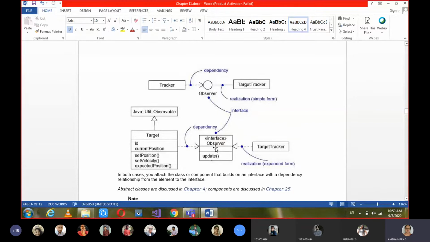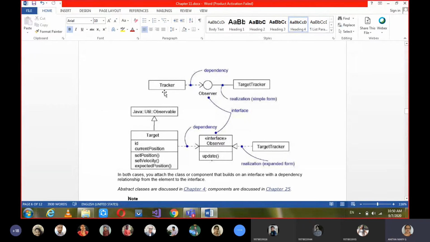When you want to show the services of a particular interface, we show it as a class and give the stereotype as an interface. This observer interface is a service given to the target tracker, and by using this service, the tracker realizes it. The tracker depends on the interface.